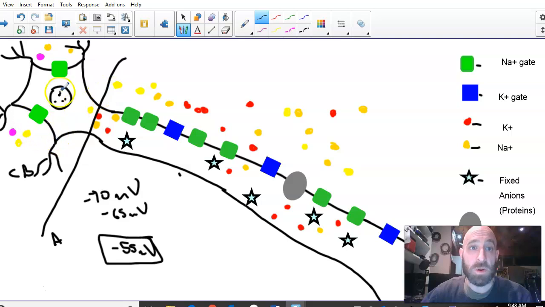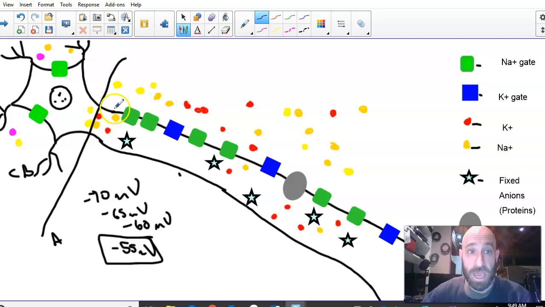So let's say a little more sodium comes in. A little more sodium gets carried into this area. Well, now it's at like negative 60. So we're getting closer, but we're still not there yet. Once there's enough sodium in this axon hillock to hit negative 55 millivolts, that is enough to trigger these voltage-gated channels. If you remember back to when I started talking about these channels, I said some are voltage-gated and some are ligand-gated.